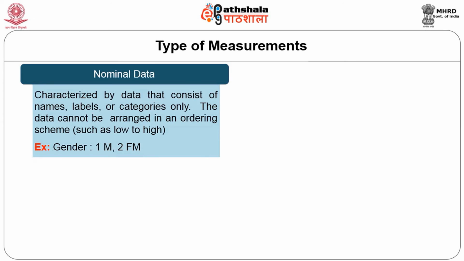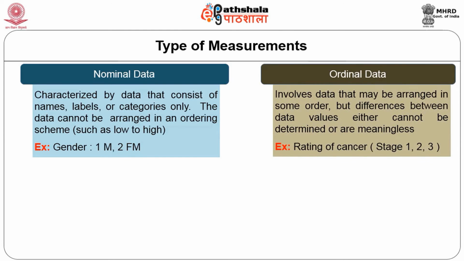For example, if you are going for a survey and you see a male, you code it as 1, and female you code it as 2. Ordinal data involves data that may be arranged in some order, but differences between data values either cannot be determined or are meaningless. For example, rating of the cancer stage 1, 2, 3 has some order.